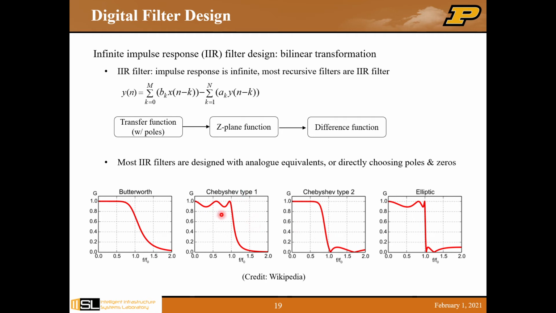For type 1, the ripple exists in the passband, and for type 2, the ripple is located in the stopband. Another popular analog filter is the elliptic filter. It has a steeper transition than other filters of the same order, but it has ripple in both passband and stopband.